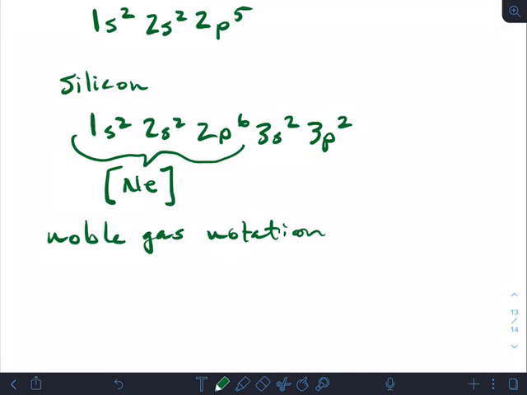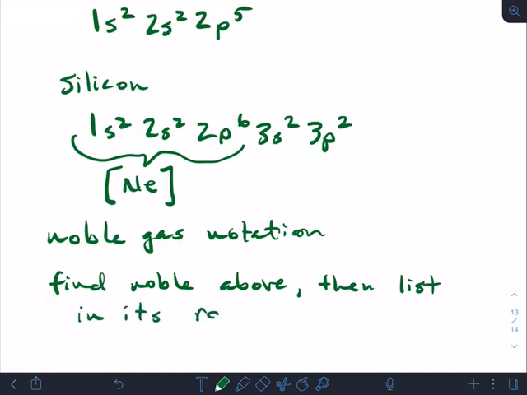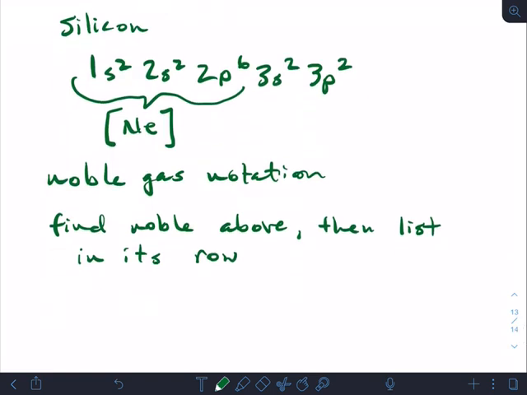Okay? So if I use the noble gas notation, what I do is I find the noble gas above it, then just list everything in its row. Okay? So for silicon, my noble gas above it is neon, and I put it in a bracket. And then I just list everything in silicon's row. Okay? So it's like shorthand.